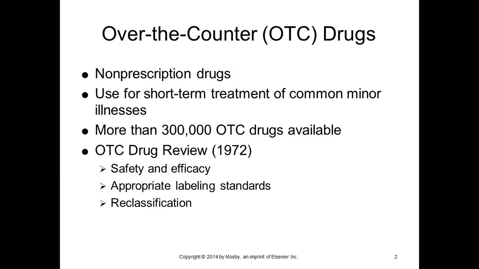Around 300,000 OTC drugs are available in the US market. OTC drugs are reviewed for safety and efficacy. Efficacy means the effectiveness on the disease in the human body.